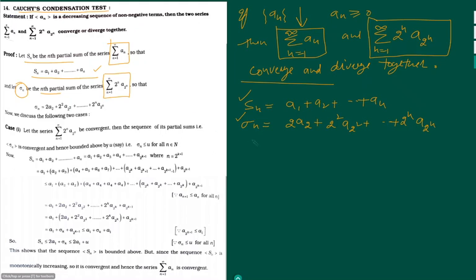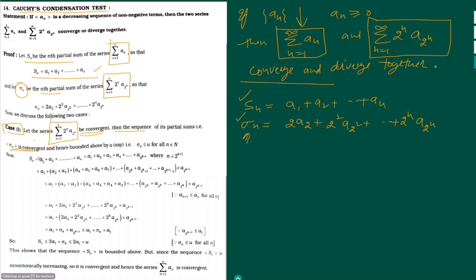And we know that a series is convergent or divergent if and only if its sequence of partial sums is convergent or divergent. So first of all, we consider the first case. Suppose this series is convergent. Then the sequence of its partial sums, which is sigma n, would also be convergent.